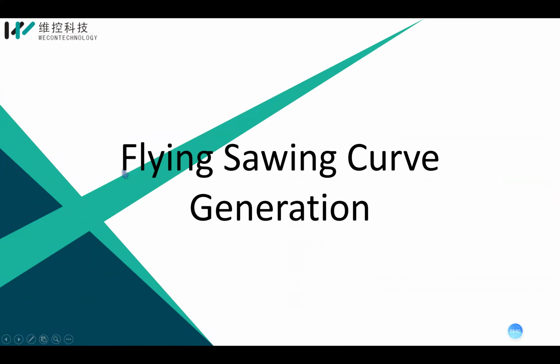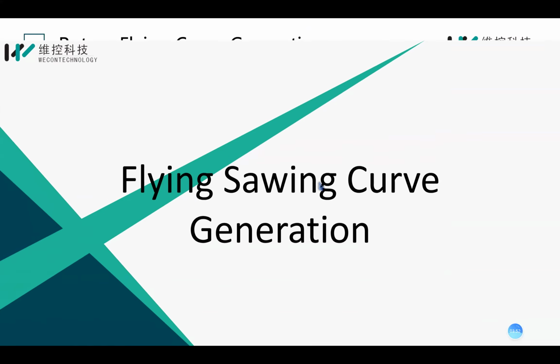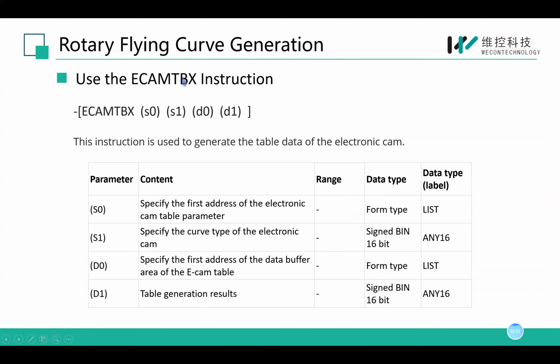To generate the flying sewing curve, we also use the ECAM TBX instruction. It is used the same way as for generating the rotary cut, and it also has four parameters. The first identifies the first address of the ECAM table parameters, such as the length of the master axis and the length of the slave axis.